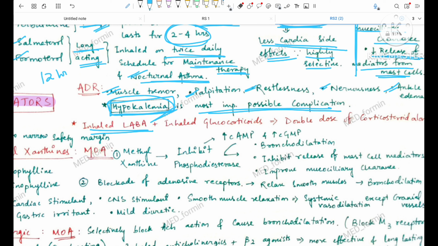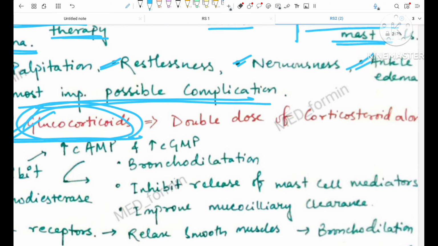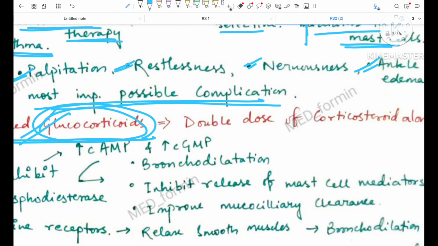The inhaled long-acting beta agonists are mostly combined with inhaled glucocorticoids. We'll read about glucocorticoids later, but these are an important class of drugs used in the treatment of asthma and COPD. If we combine them with these long-acting beta agonists, we can reduce the dose of steroids needed by half.